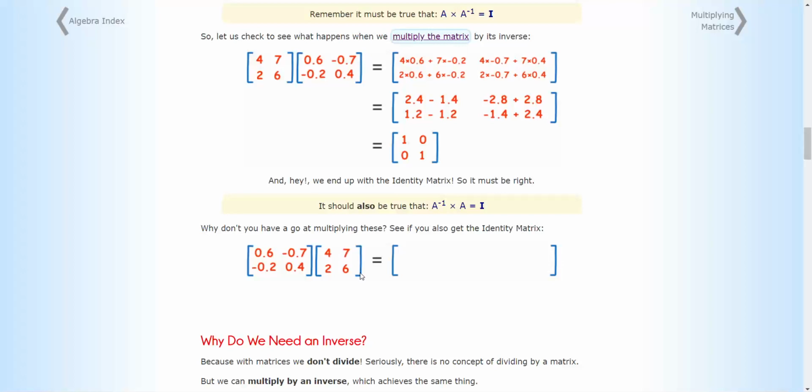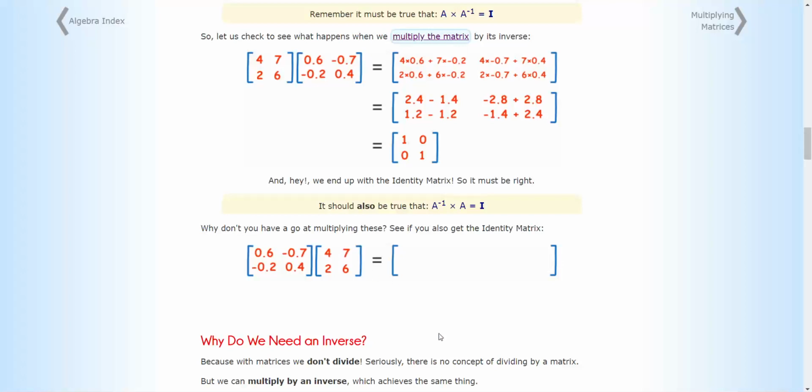Wait a second, so 0.6 multiplied by 4, that's 2.4, and 0.7 multiplied by 2, 1.4. So 2.4 minus 1.4 is actually 1. That's a 1. For the second row, 0.6 multiplied by 7, that's 4.2, and 0.7 multiplied by 6, that's 4.2. So we should get a 0 there. So that's an identity matrix as well.